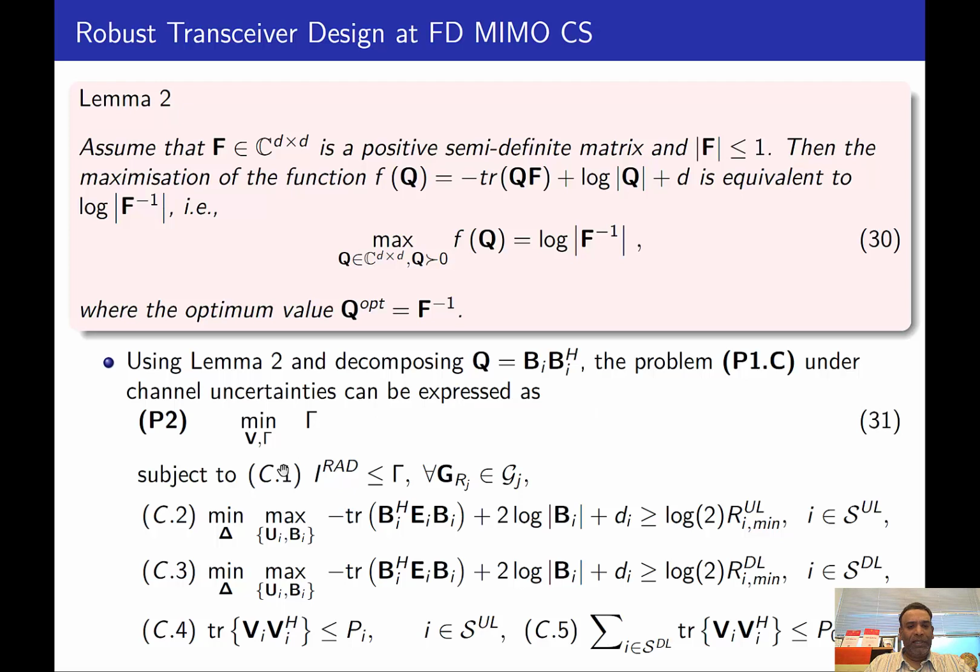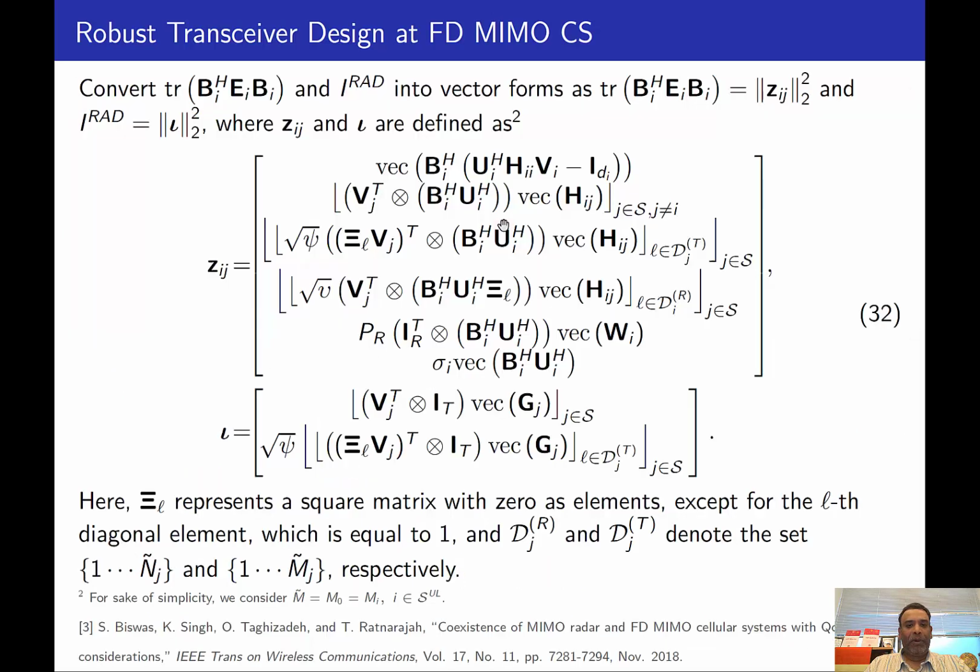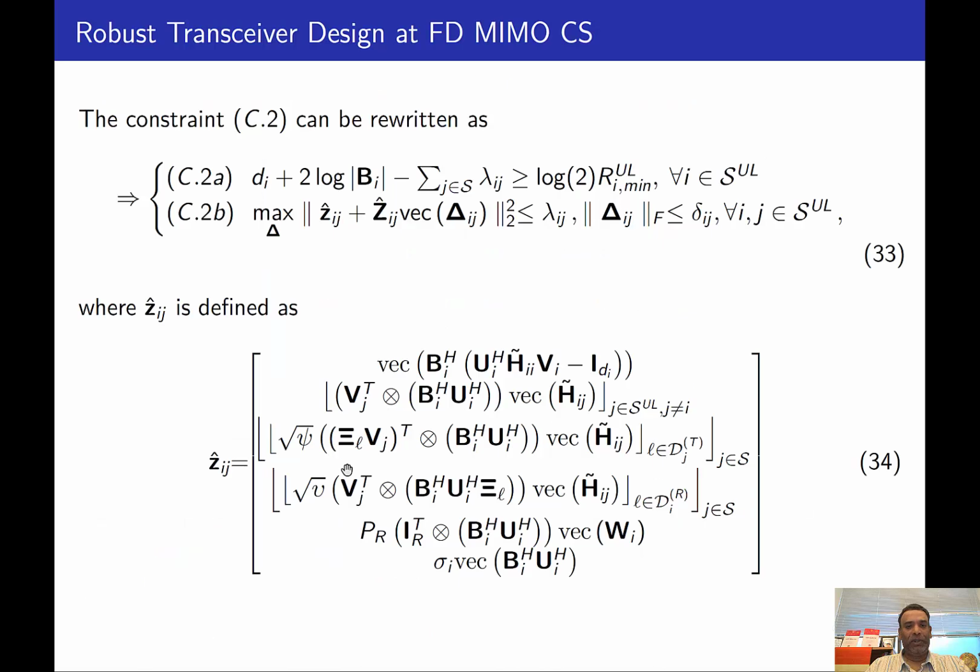So this is the robust problem that we formulated by using this lemma. This problem can further be changed to an SDP problem by converting this into a vector form. This is defined here. We can change all these to an SDP problem.